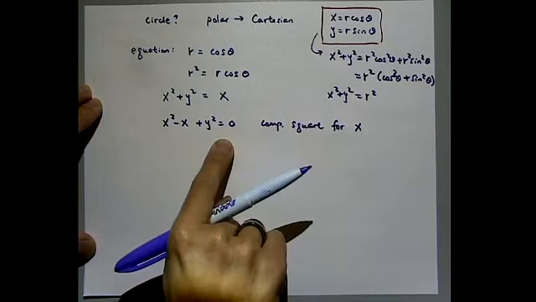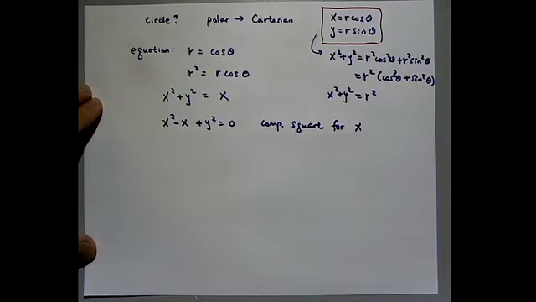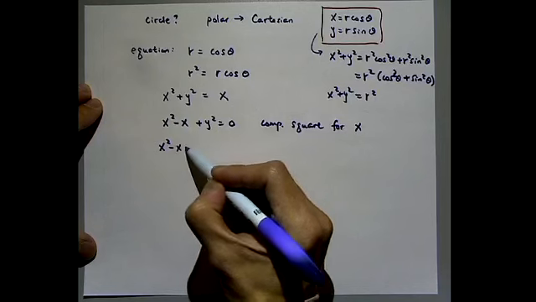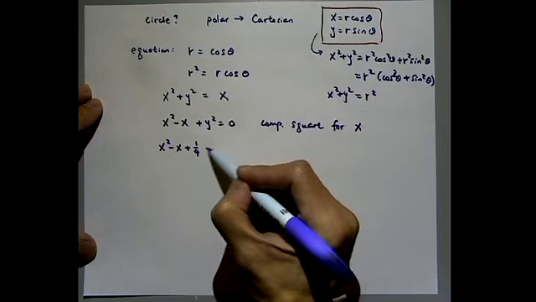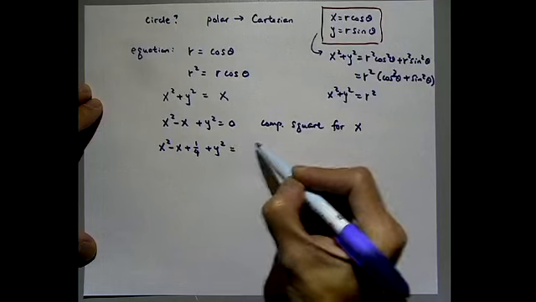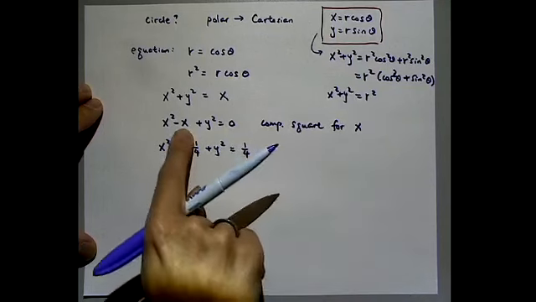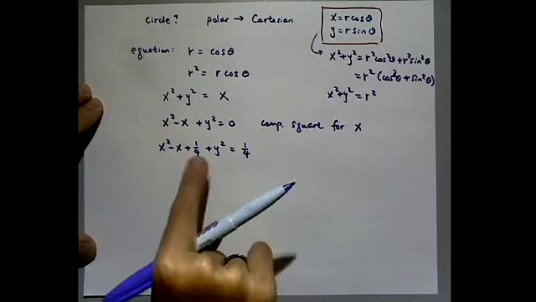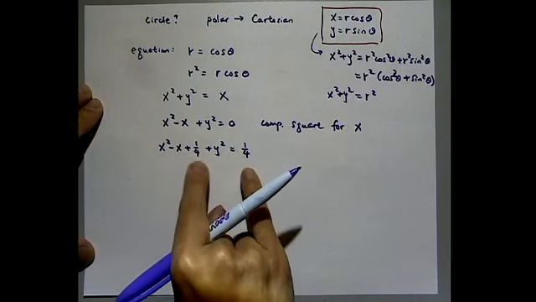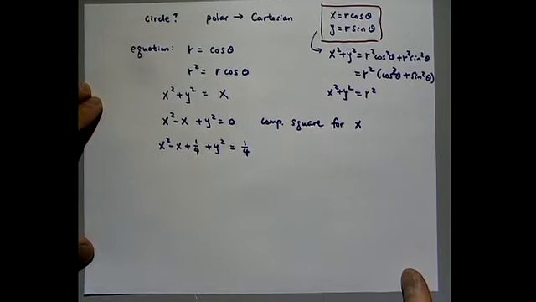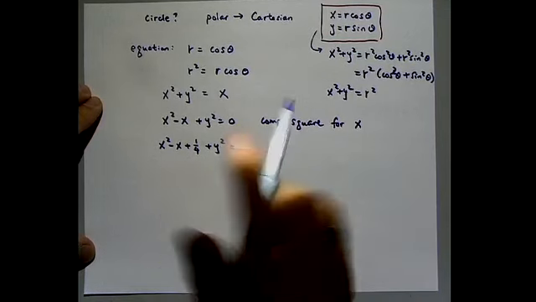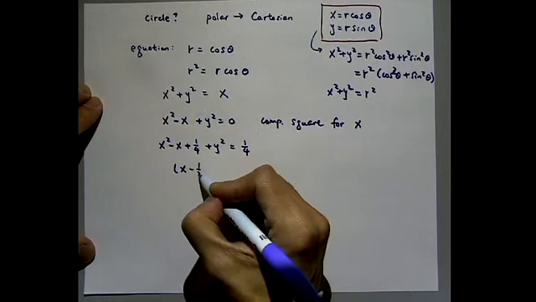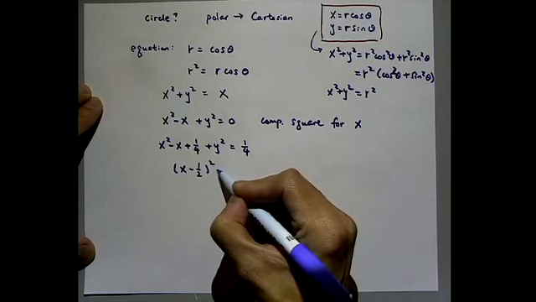I'm going to complete the square here for x, just to get a shape that we recognize. Remember, you take 1/2 of the coefficient here, square that, and add it to both sides. Then we recognize the first three as a perfect square.